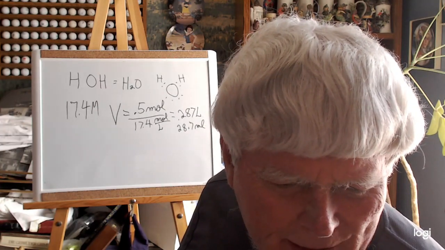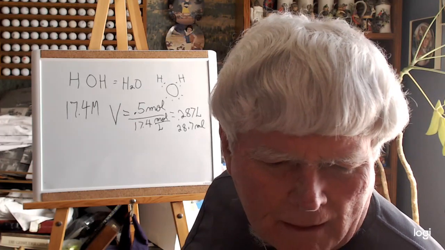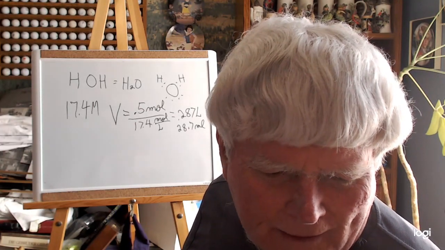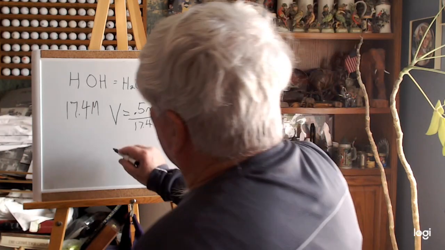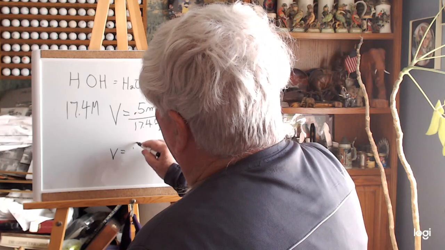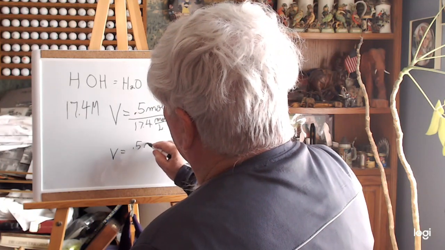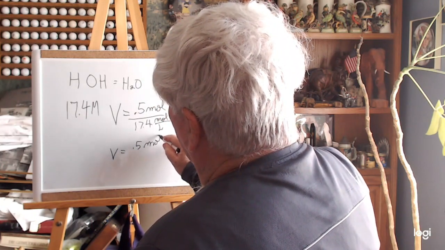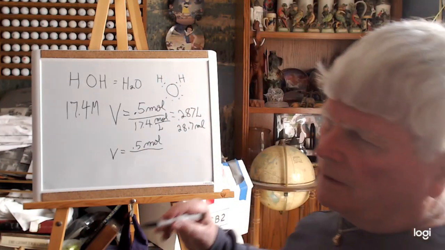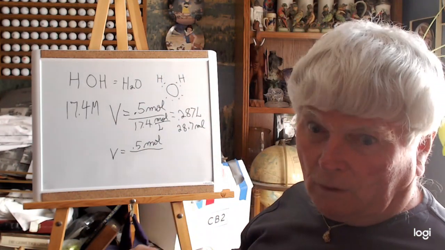Now, stomach acid's the same darn thing. For instance, if you wanted the same problem with stomach acid, the volume would be relatively the same, 0.5 moles, but stomach acid is not glacial acetic acid, but hydrochloric acid.